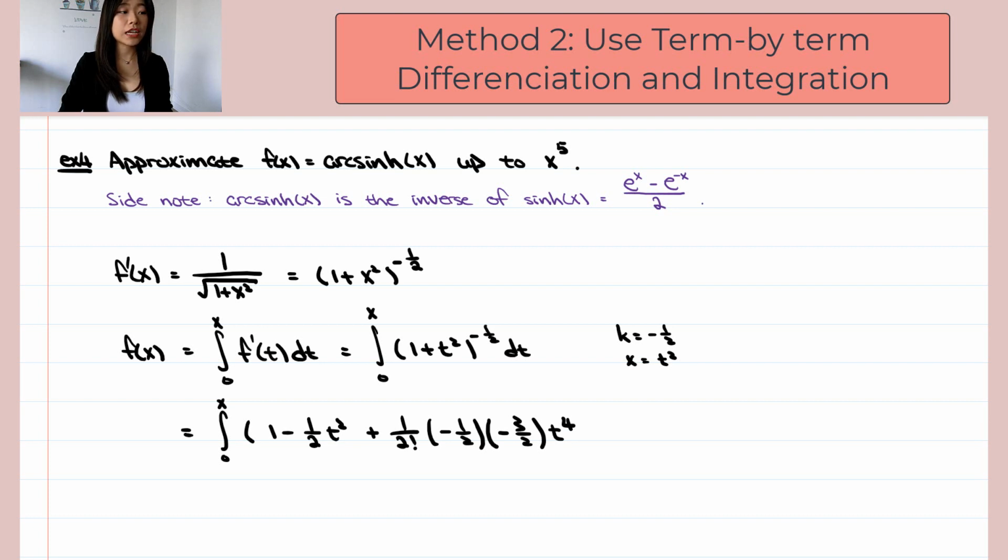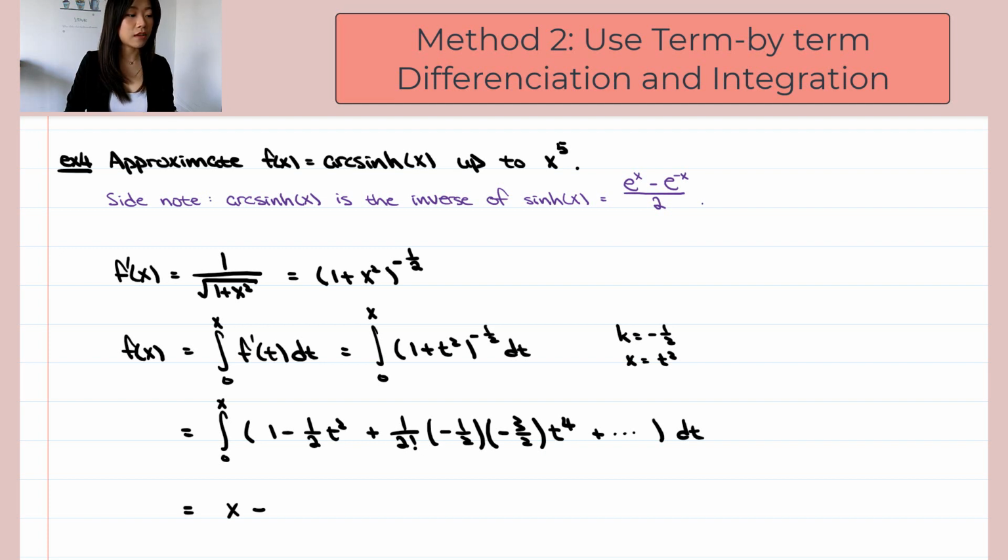And since we are approximating the function up to x to the power of 5, and here we already have t to the power of 4, after we integrate this term we'll have a power series to the degree of 5, so we don't have to worry about the other terms. And this equals, we integrate term by term, the integral of 1 is t, and we evaluate it from 0 to x, so that is x. Then the second term we have half times t squared. The integral of this gives t to the power of 3 divided by 3, and the constant remains the same.